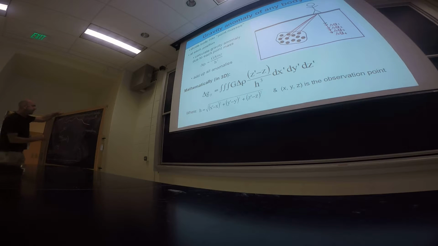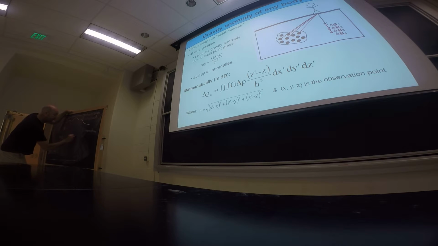So then, this is z prime minus z, which is basically, this is elevation z, and this is equivalent to z prime. And h is obviously x prime minus x, and so on.